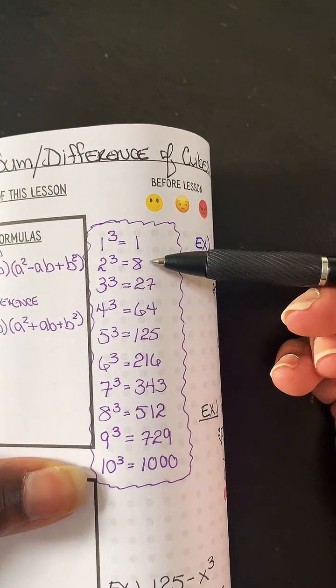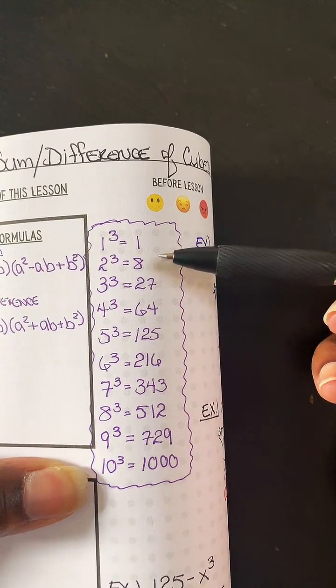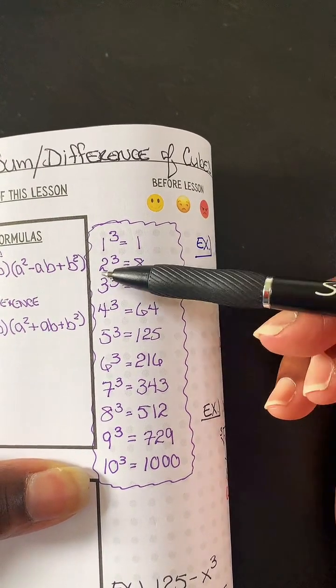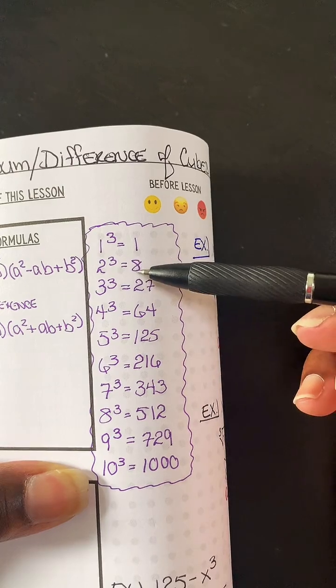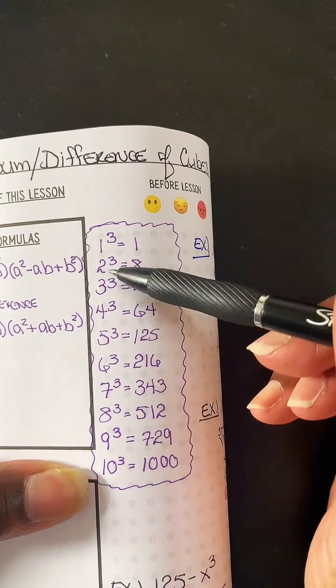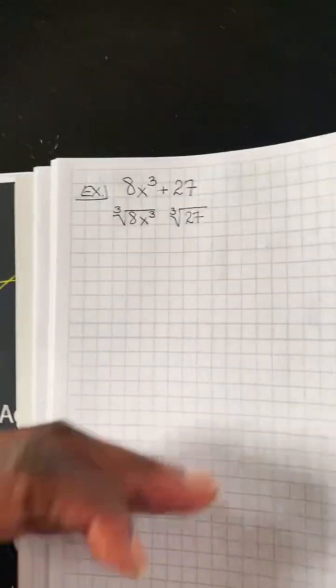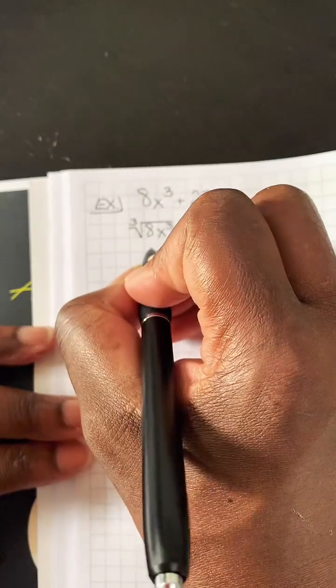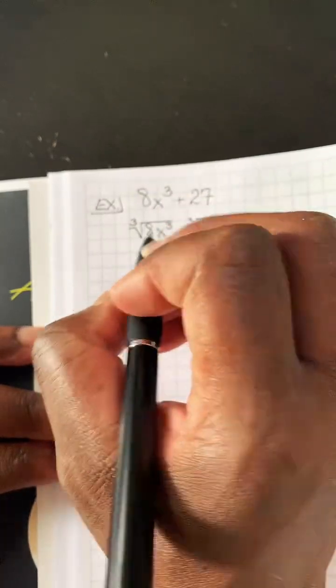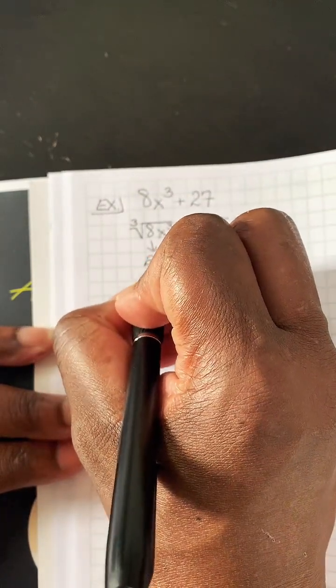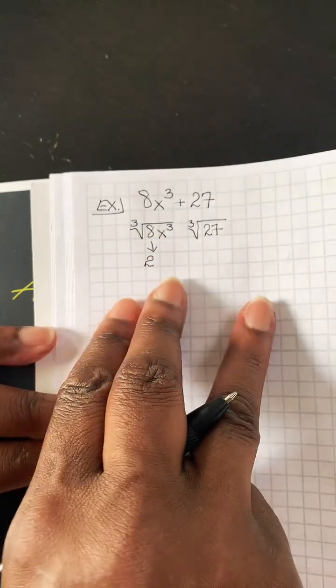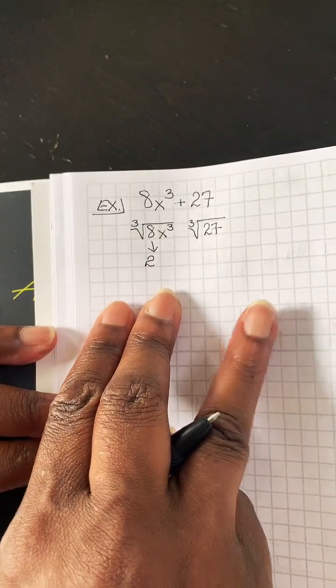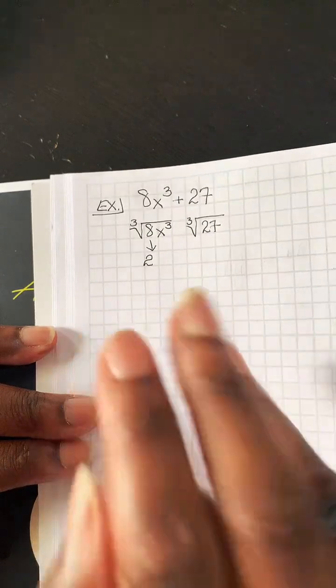Of course, I'm going to be adding cubes into my next series of books. We have 2 to the third power. If I did the cube root of 8, I get that base of 2. So that's where people are getting the 2 from, because the cube root of 8 is 2. 2 times 2 times 2. 2 times 2 gives me 4. 4 times 2 gives me 8.